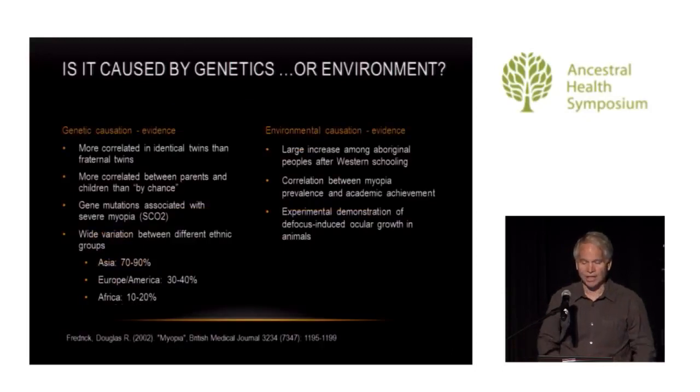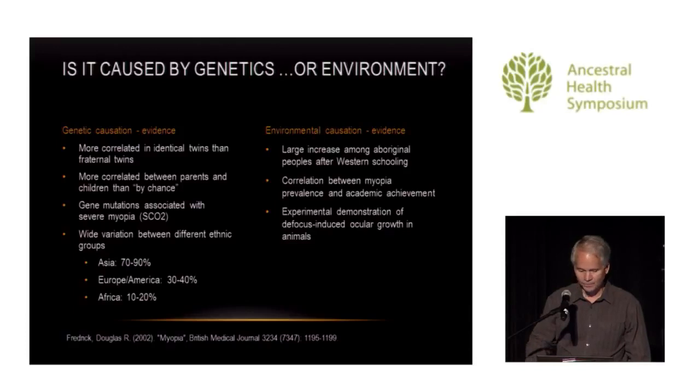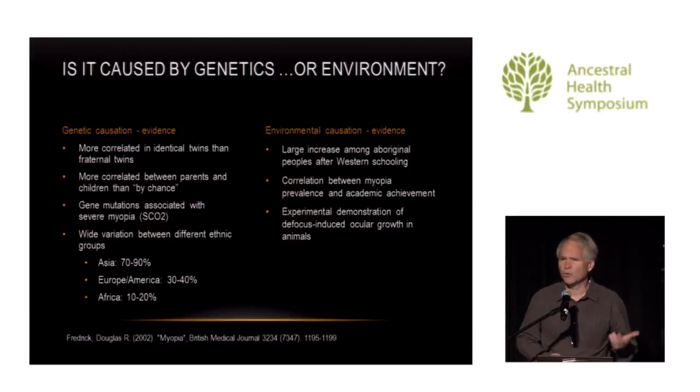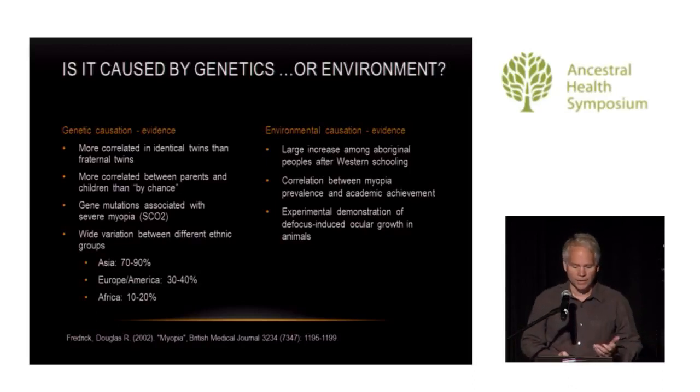So the question is, is myopia caused genetically or is it environmental? There's evidence on both sides. For example, twin studies and parent-child studies show a higher correlation than you would get with fraternal twins or just by chance.